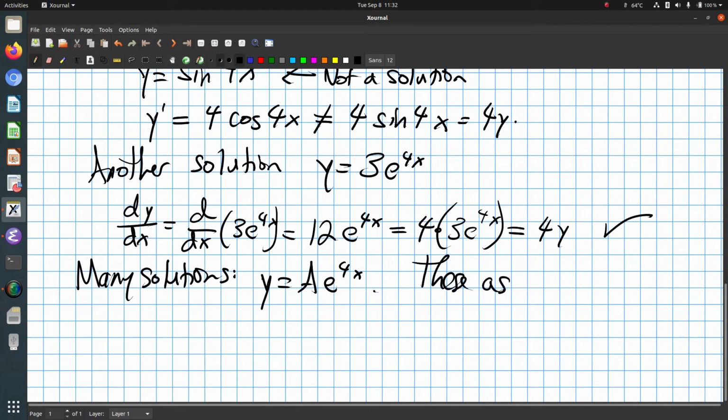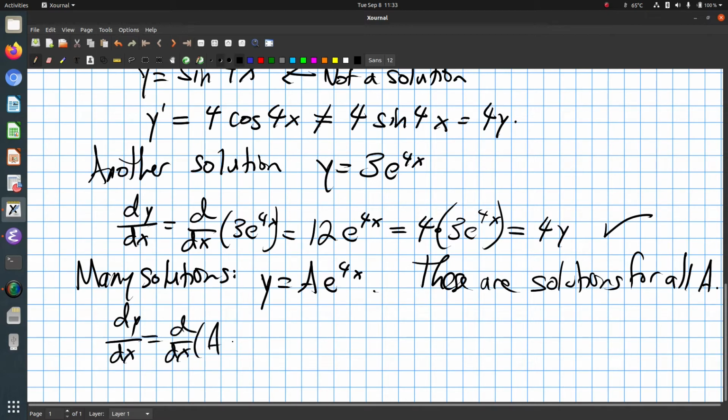These are solutions for all a. It's easy enough to check. The calculation is just the same. Take the derivative, and notice that the same function shows up again.